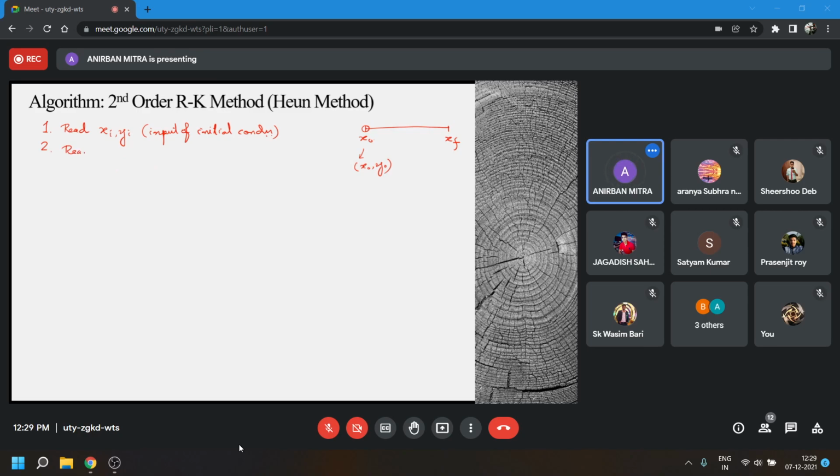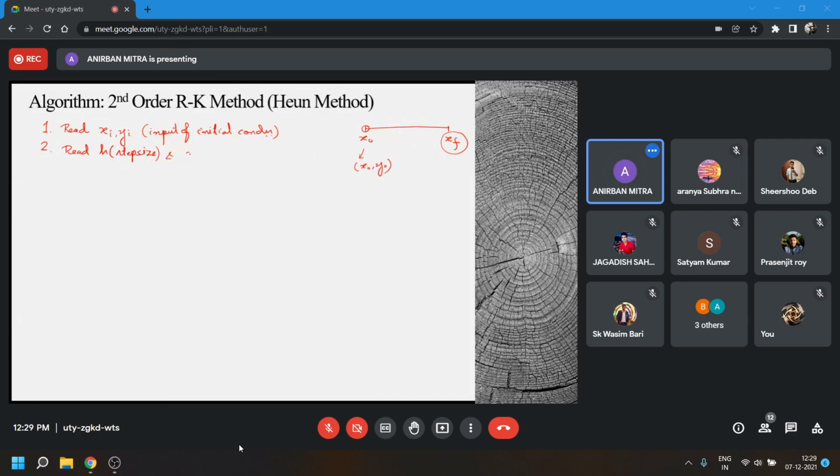So read h, which is step size. Anything else? We need the final position as well, xf. That has not yet been read.